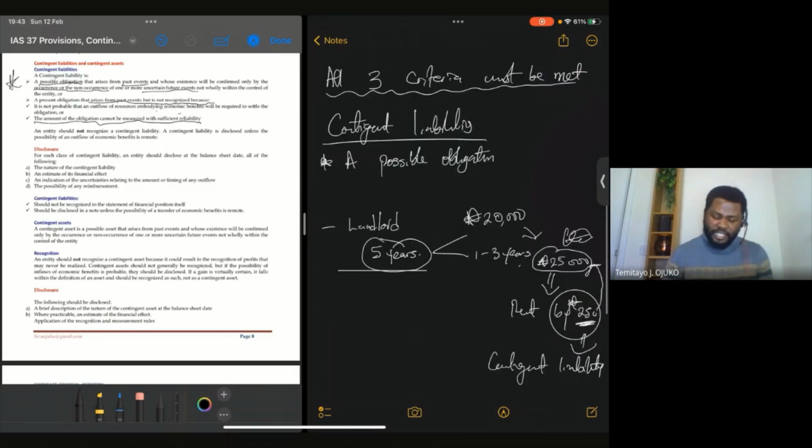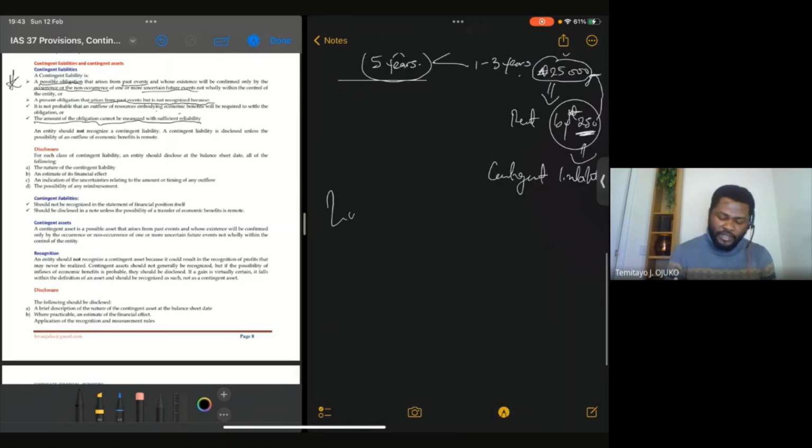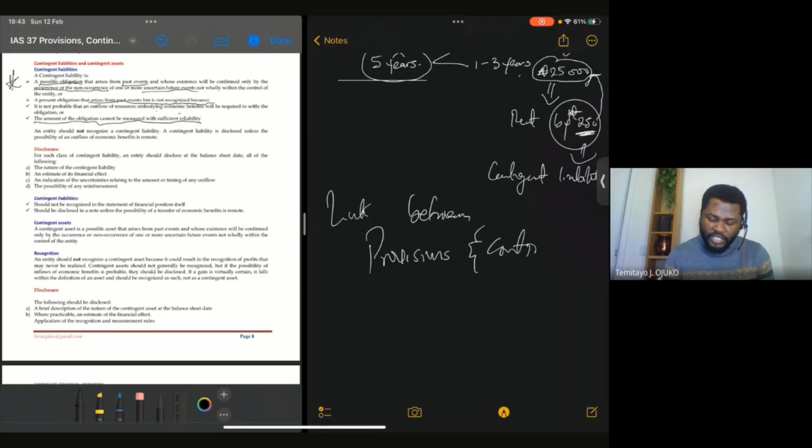Now, this is another link between provisions and contingent liability. What do I mean by this? Essentially, for a provision, the three criteria must be met.